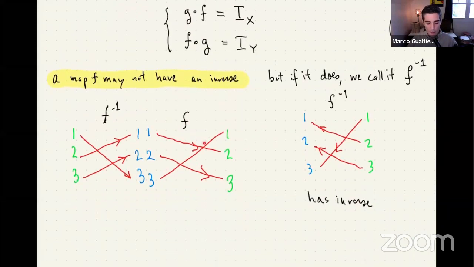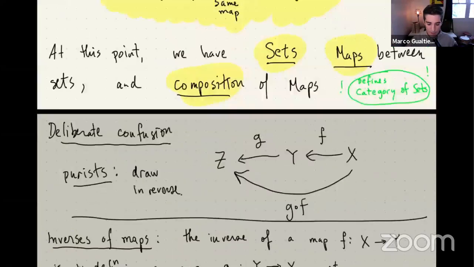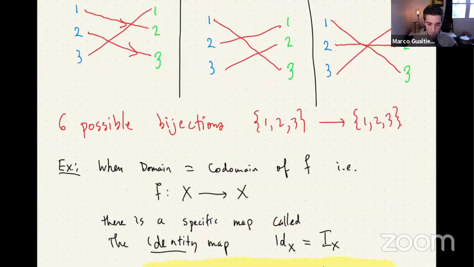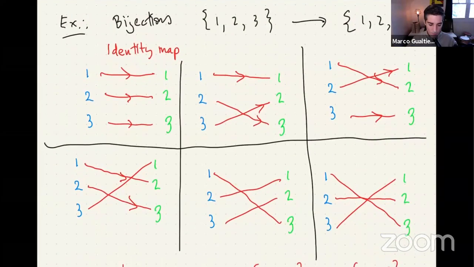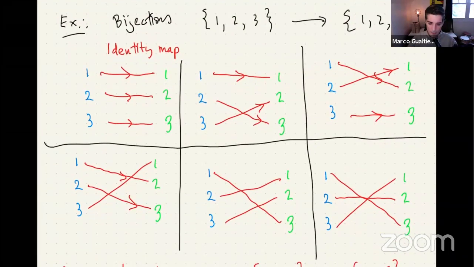Now, these maps are not the same. They look obviously different. You can see 1 is sent to 3, 1 is sent to 2. But F inverse is also a bijection. So it must be in the list somewhere, because I listed all of the bijections. So here's the map that I called F, and the inverse must be here somewhere, and it's right there.